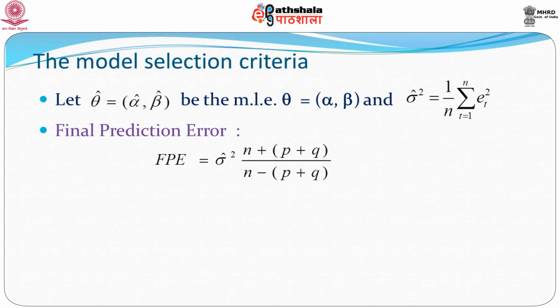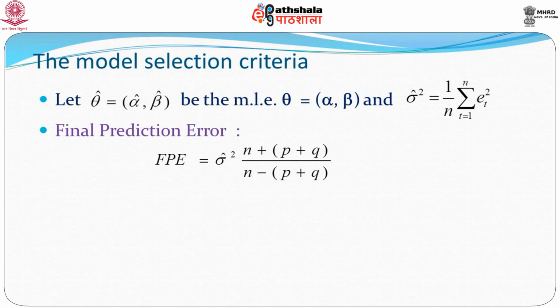So, there is a trade off. Sigma hat square is going to be smaller and smaller the larger p plus q is, and the second term is going to be larger and larger as p plus q increases. So, we need to choose a model which minimizes the final prediction error. There would be a trade off and there would be a single minimum which we can actually look at.